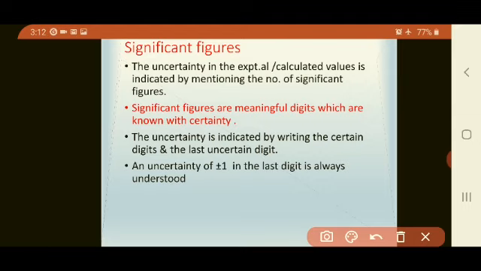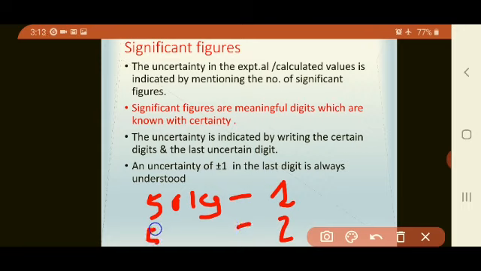Suppose a person is weighing 50 kg on one weighing machine, machine number 1, and on second weighing machine it is weighing as 50.2 kg. Now which one is accurate?